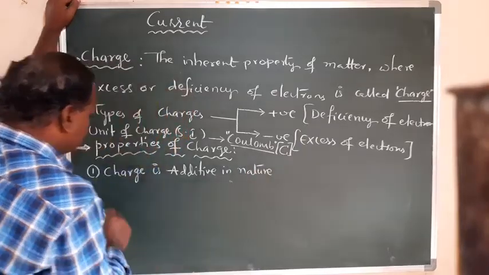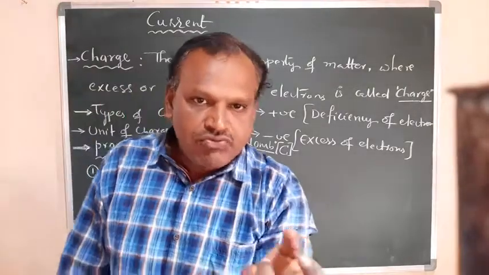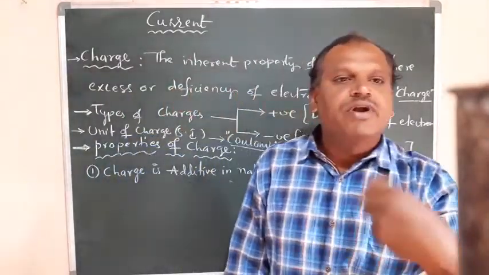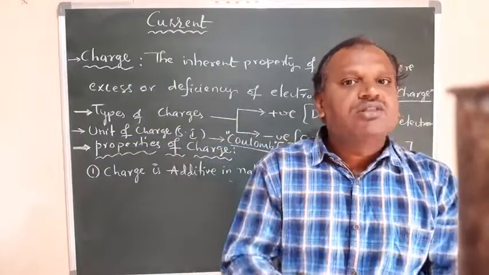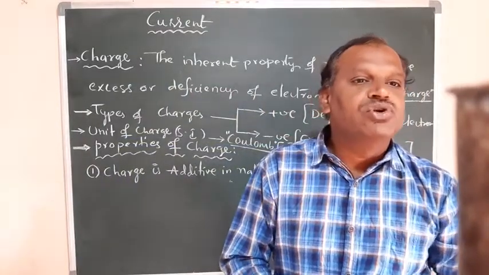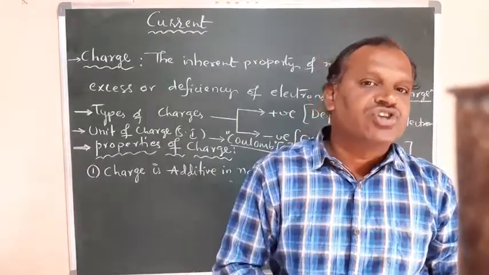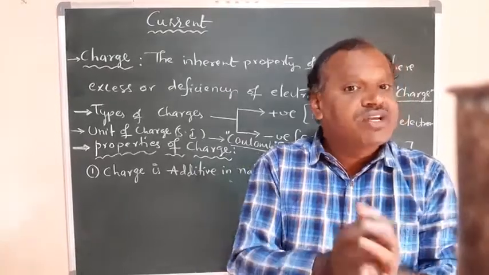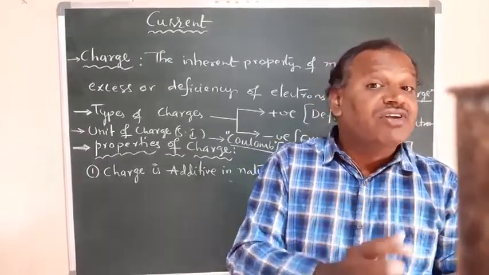This property states that for any given matter, if different amounts of charge are given, the net charge on that object is the algebraic sum of all the charges provided for that matter. That is, the addition of all the charges. So it is called additive in nature.